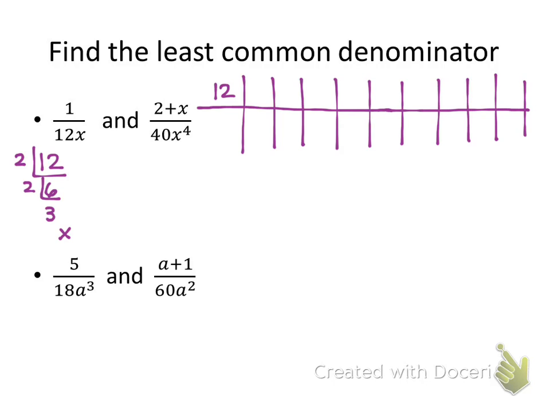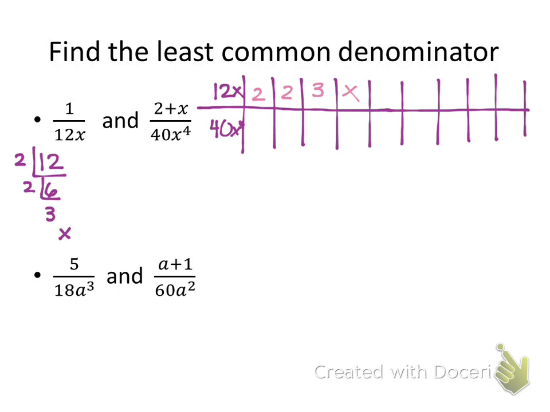I might not need that many, but I just want to make sure I have enough. And then 12x and 40x to the 4th are my two terms. So I'm going to write the factors that I found of 12: 2, 2, 3, and x.